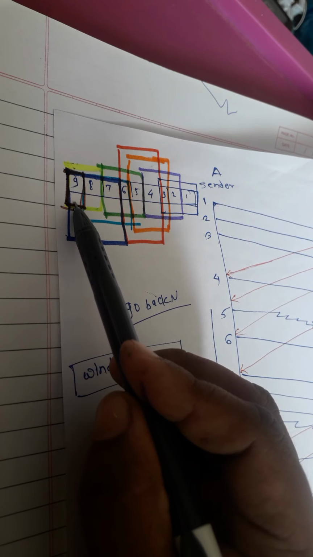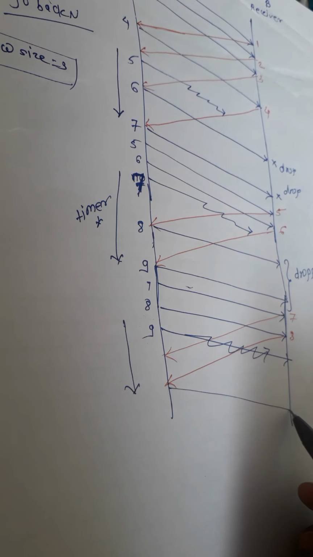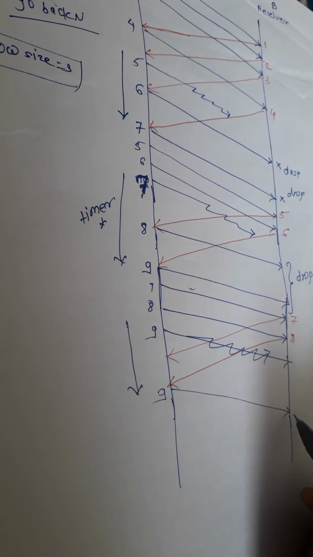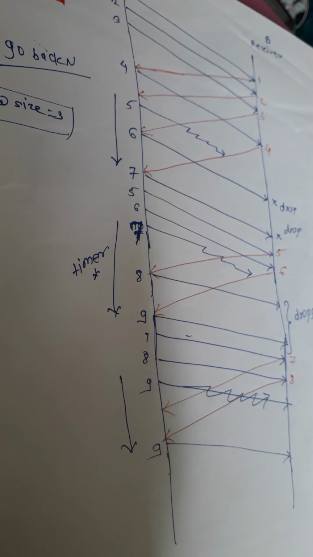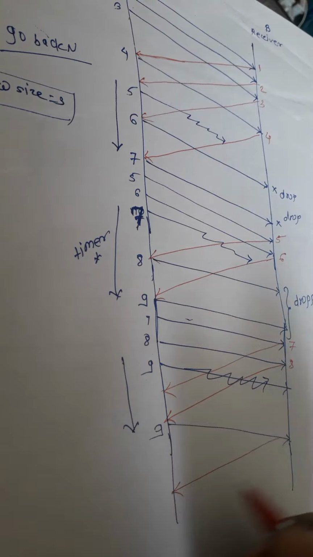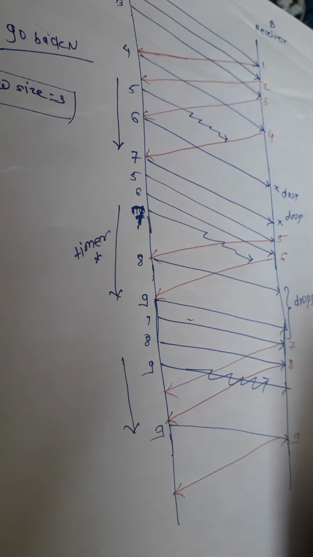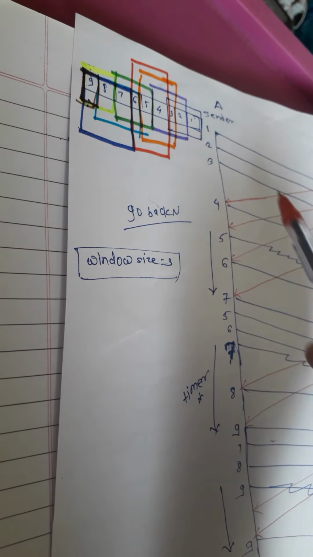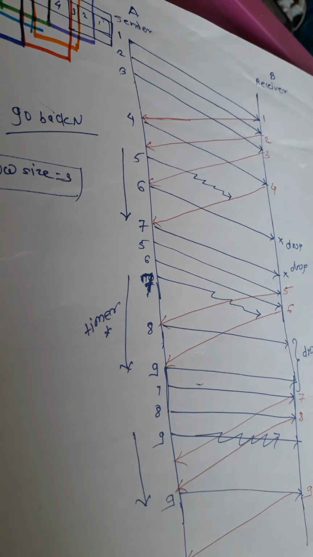Only one frame is left, that is the 9th one. So only frame 9 will be retransmitted again. After some time it will be received by the receiver, and the receiver is going to transmit the acknowledgement for the 9th. So in this way, all the frames which are available at the sender side will be transmitted to the receiver.